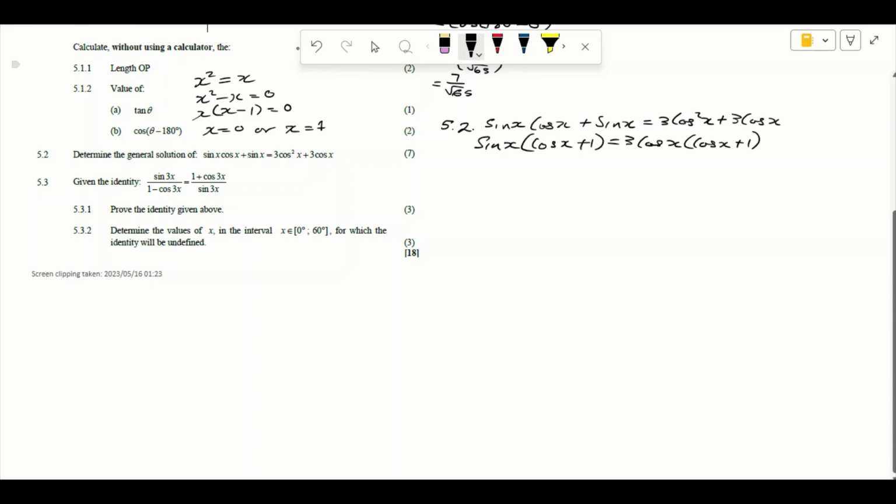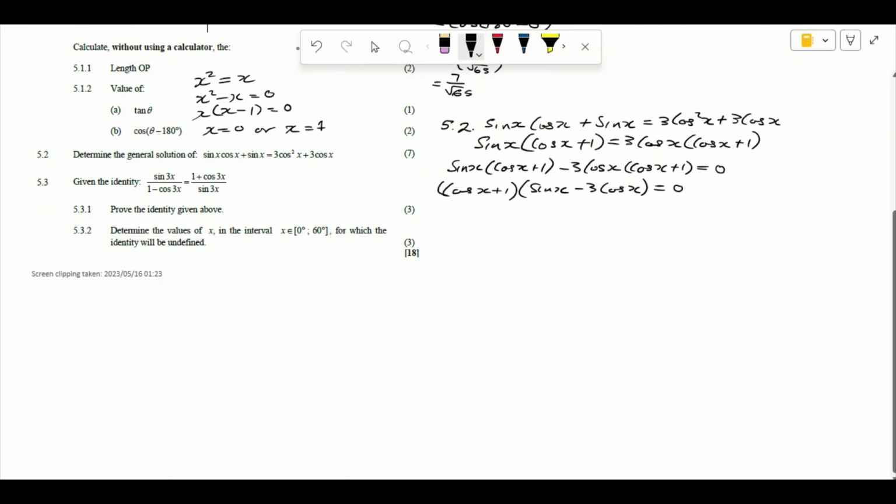Same thing here. What we would do here is that this will be sine x multiplied by cos x plus 1 minus 3 cos x multiplied by cos x plus 1 is equal to 0. Then we would factorize the bracket, which is what? Cos x plus 1. So cos x plus 1 is our common factor, and we'll be left with sine x minus 3 cos x is equal to 0.